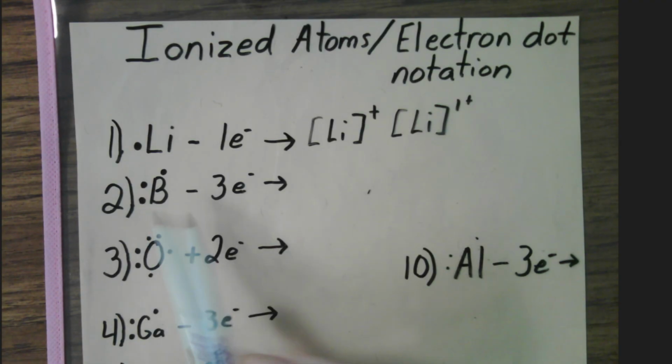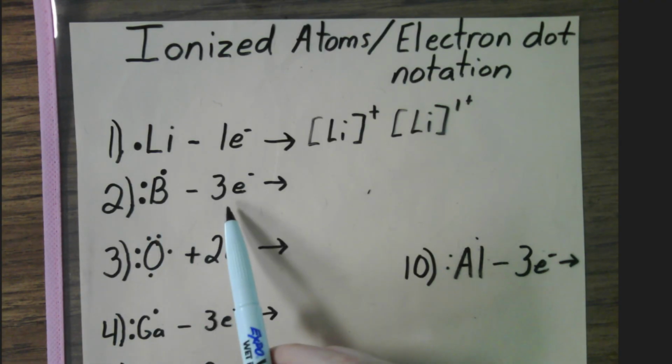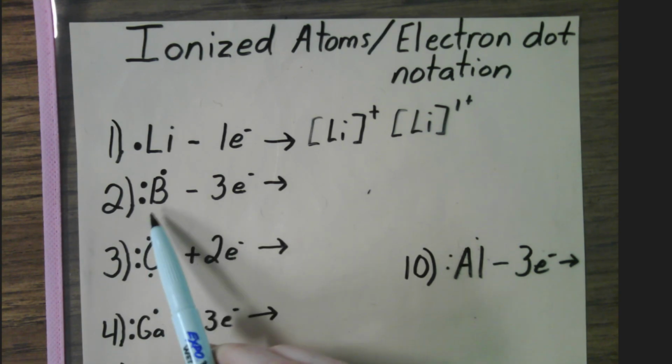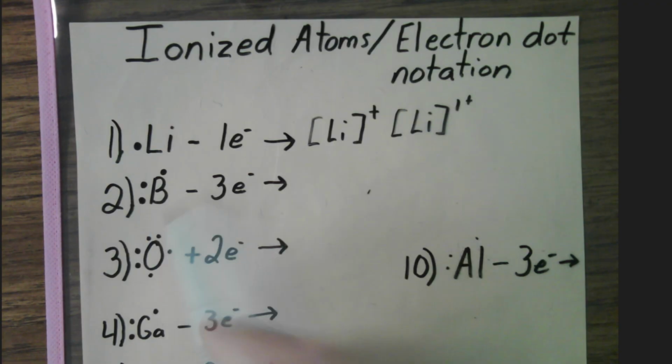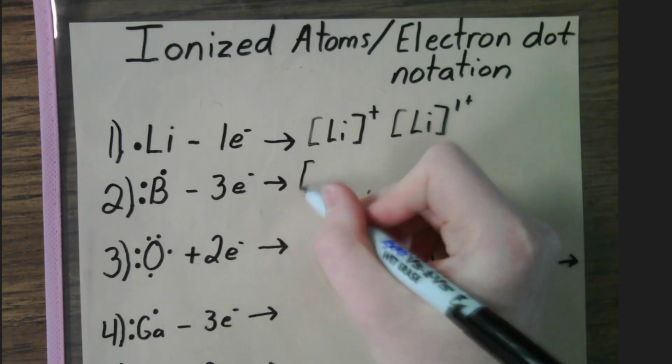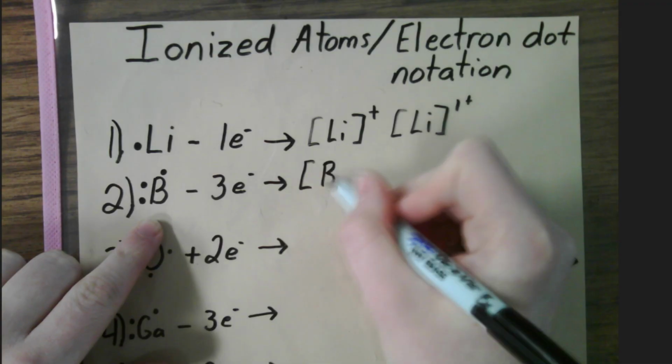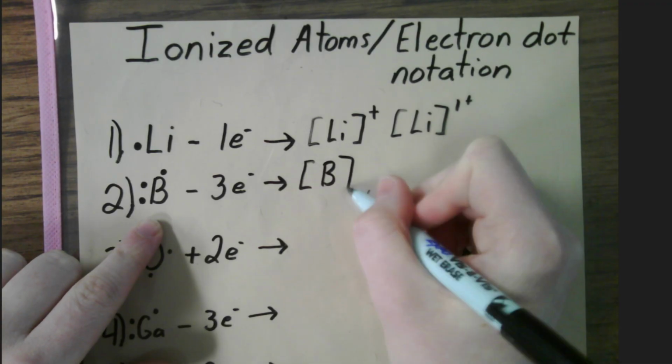All right, so let's look at boron. If we were to do boron, it looks like we're going to subtract 3 electrons. Keep in mind, electrons are negatively charged, and if we're getting rid of 3, this is going to be a more positively charged atom. Boron, if we get rid of its 3 valence electrons, ends up with 0 valence electrons.